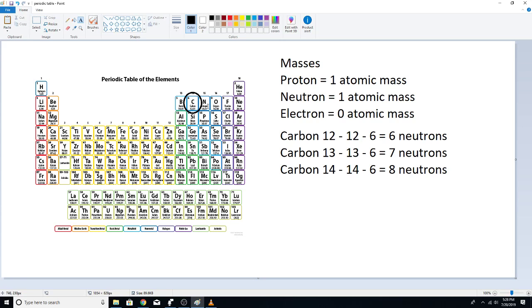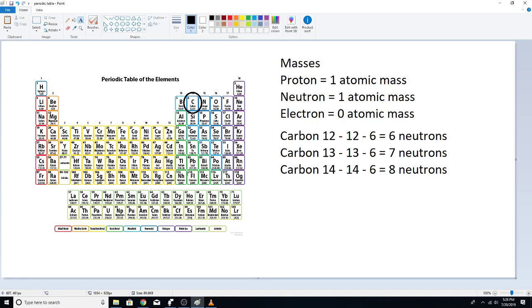Because it's really close to 12, we know that most carbon atoms have 6 neutrons. A very small fraction will be carbon-13, so have 7 neutrons, and a very small fraction will have 8 neutrons. And that's how isotopes work, and how we work them out.